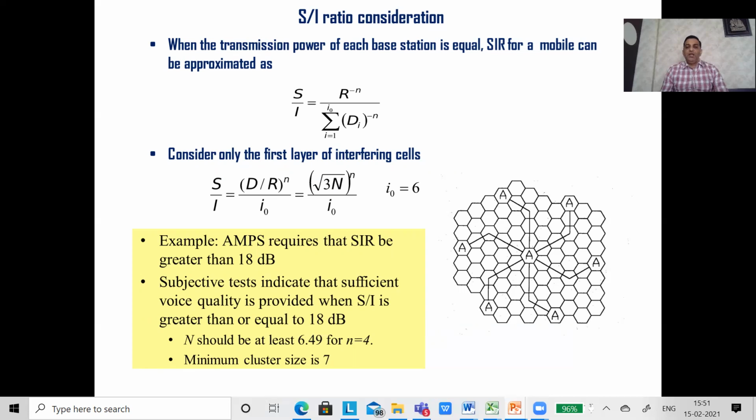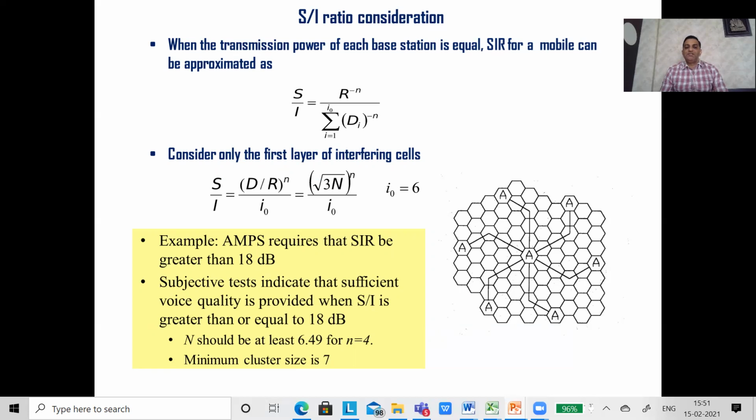For the first layer of interfering cell, we can find out the S by I ratio by making use of this mathematical expression, which is D by R raised to n divided by I0, and that is equal to square root of 3N raised to n divided by I0. Here I0 is nothing but the number of co-channel cells around the center cell, and here 6 cells are there. So I0 will be 6.